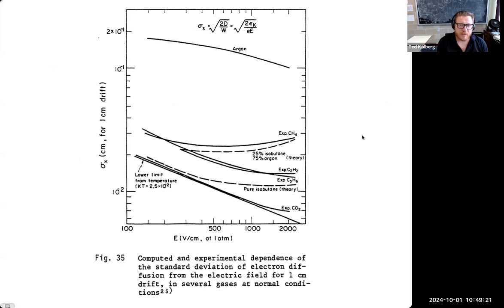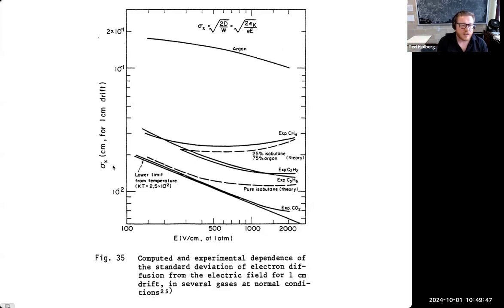Finally, just like the positive ions, the electrons are also diffusing through the gas as they're drifting, and this will again place a limitation on the spatial accuracy that I can attain. So you see here for a gas like argon, which is good because it gives a large primary ionization signal without much recombination, there's also a lot of drift that happens before they reach the electrode.